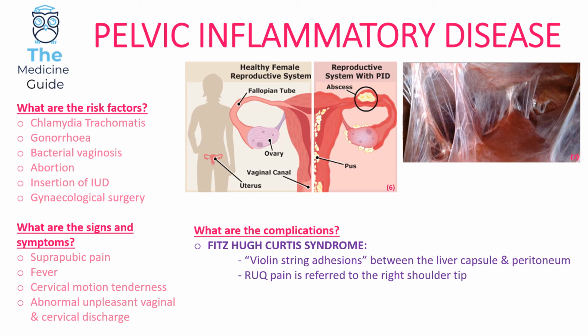So if a woman is presenting with right upper quadrant pain referred to the right shoulder tip, and she has a history of or an underlying STI and currently has a copper coil inserted, then that's suggestive of Fitzhugh-Curtis syndrome and pelvic inflammatory disease. Okay?